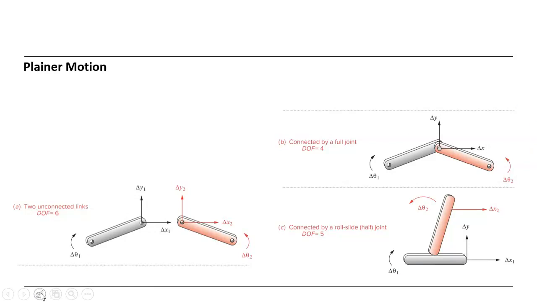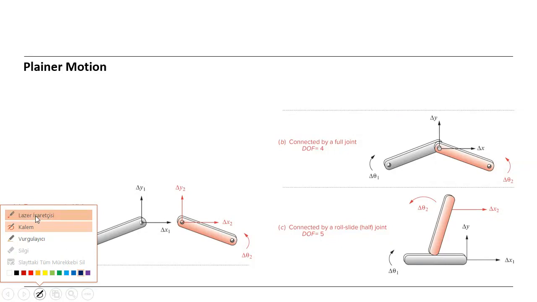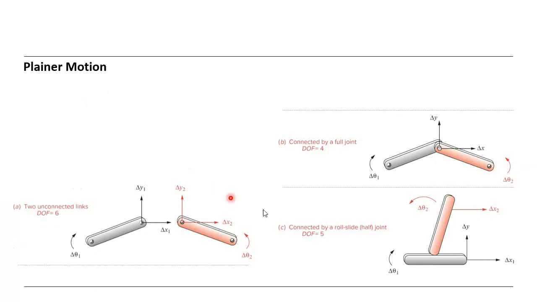So here, let's talk about the planar motion. Planar motion, we also discuss in dynamics, and we will use what we learned in dynamics, especially in the part of kinematics. So two unconnected links, you see the first one and the second one.